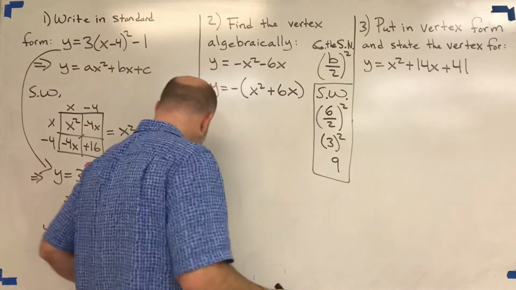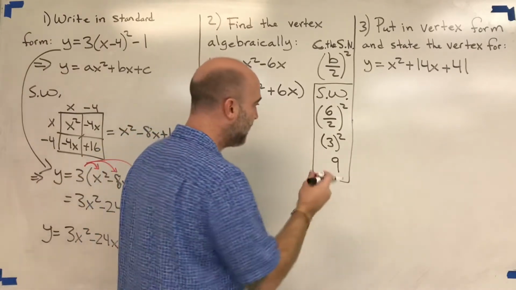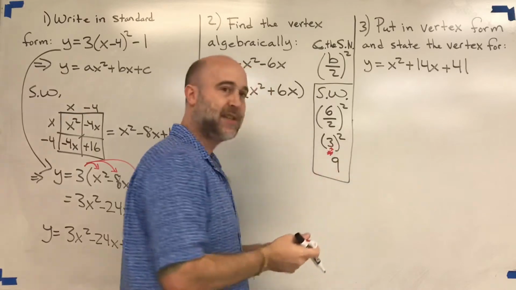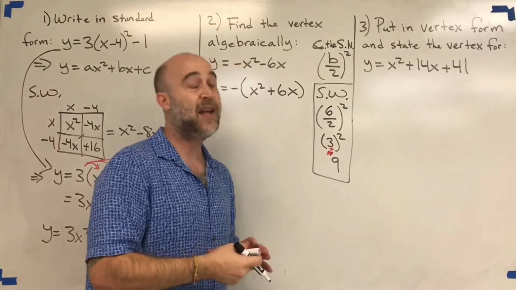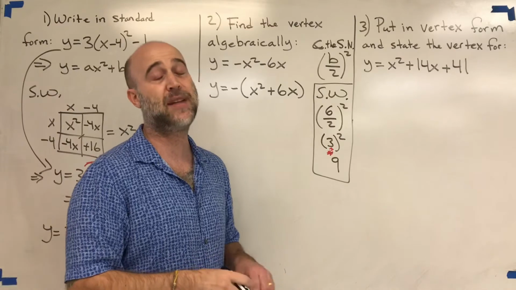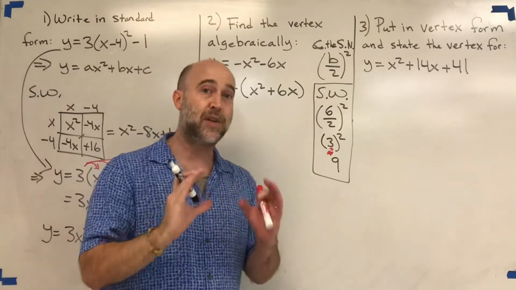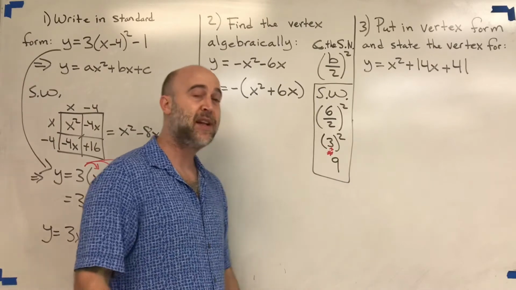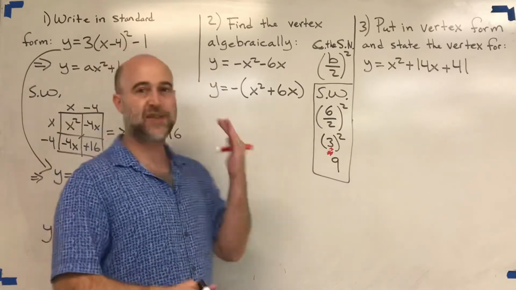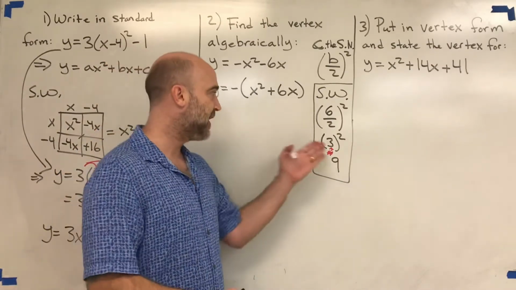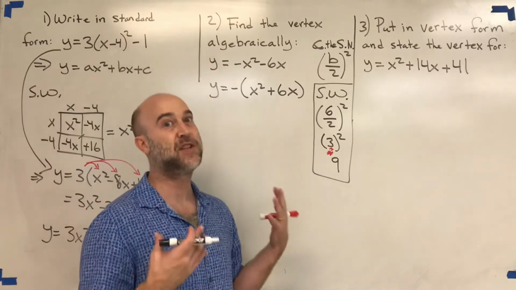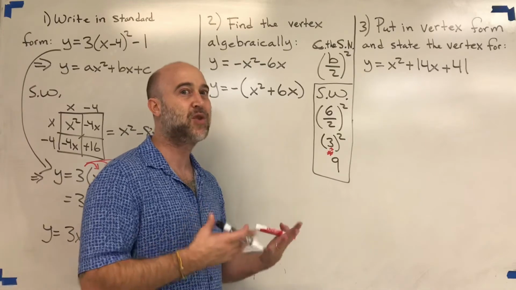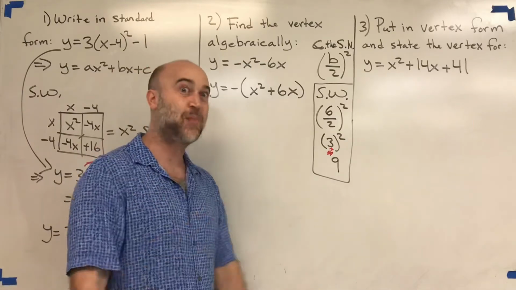Every time I do this, I just want to bring it to your attention: the number inside the parenthesis before you square it is the number that has to show up inside the binomial. So we're going to see that number 3 come out again. It's another one of those shortcuts that, when you do this a lot, especially in more advanced mathematics, we need to use so it doesn't twist the brain as much.